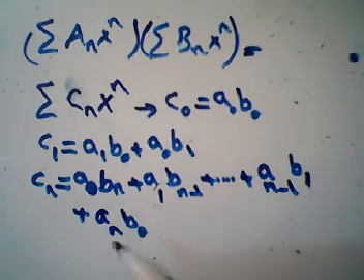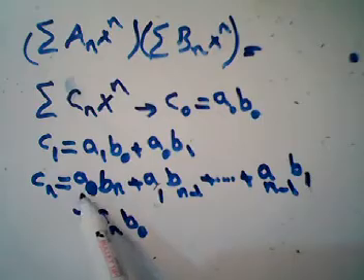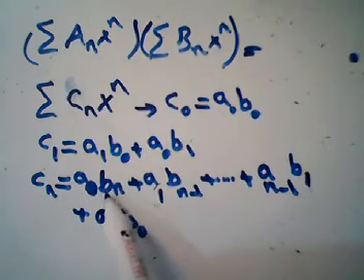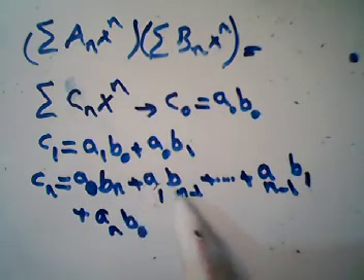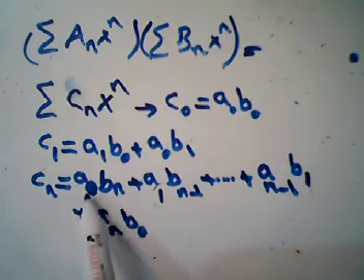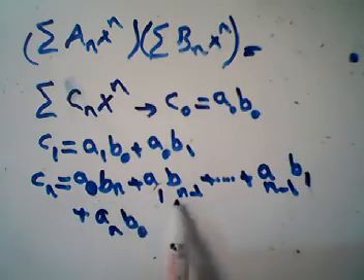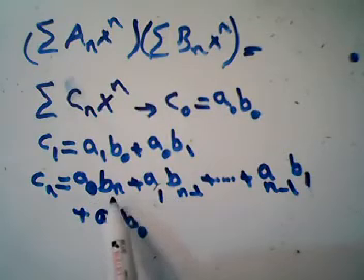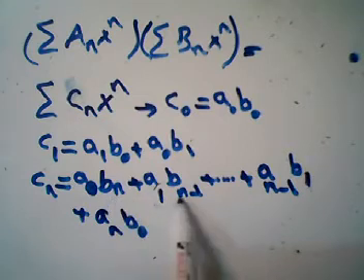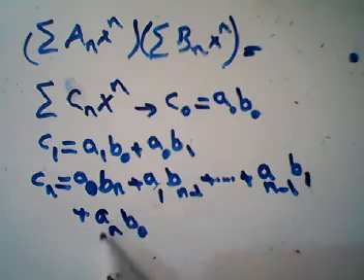The pattern here is that we start with A0 and Bn, and for the next term we add 1 to the index of A from its previous term and subtract 1 from the index of B, as we did here. And we do this till we reach An and B0.